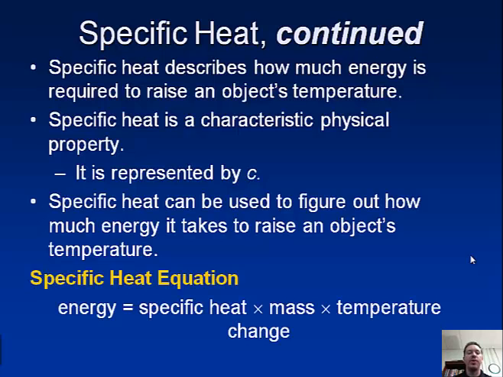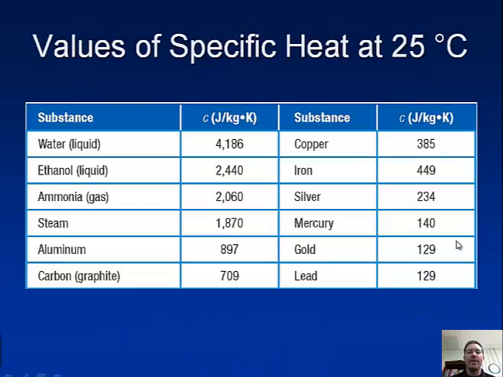So we can use the equation energy is equal to specific heat times the mass of the object times the temperature change, or energy is equal to lowercase c times lowercase m times delta T, just the change in temperature. So delta again is showing us change.